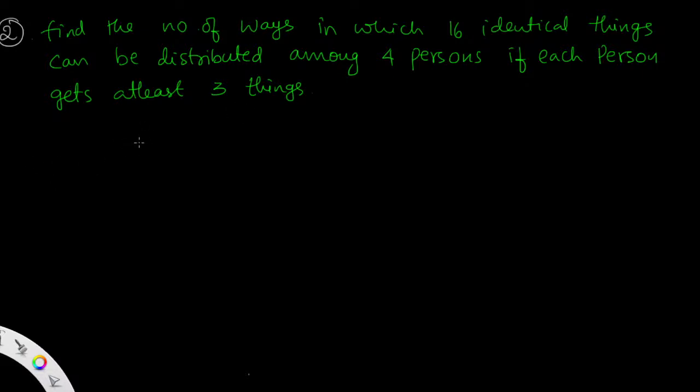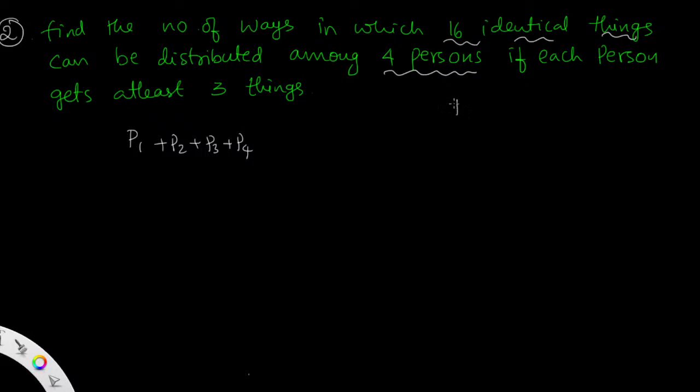So how many do we have? Totally 4 persons. We distribute the identical things, 16 identical things. So let it be P1 plus P2 plus P3 plus P4. Persons are 4.